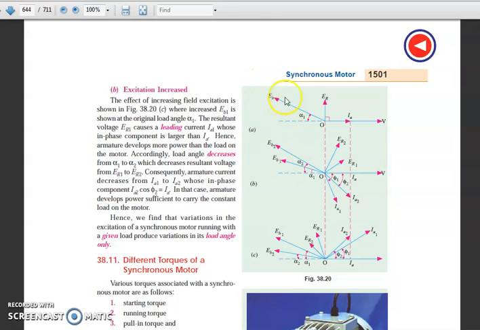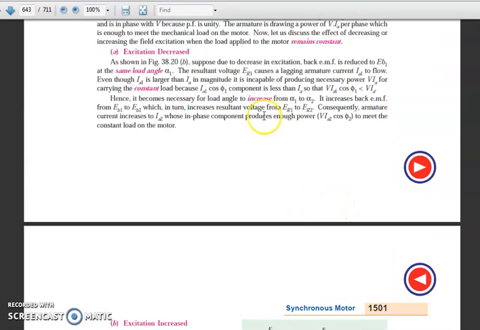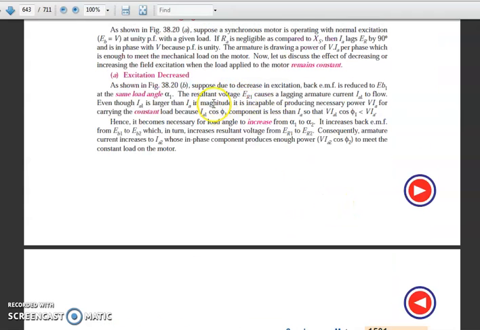Already previously it was EB, but because the excitation is reduced, the armature current also changes from IA to IA1. Okay, now what will happen?